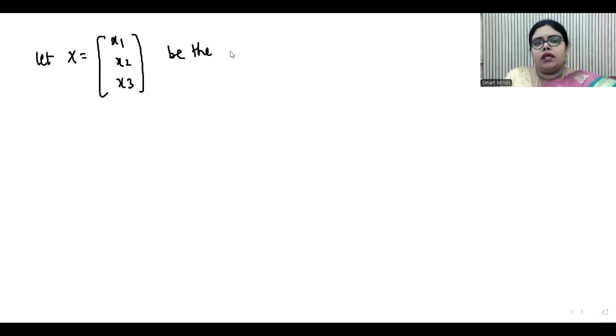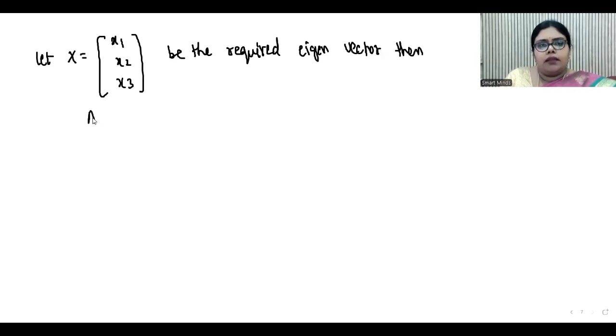Now let us find eigenvectors. Let x equal to x1, x2, x3 be the required eigenvector. Then (A minus lambda I) into x is equal to 0. So what is the A minus lambda I matrix?